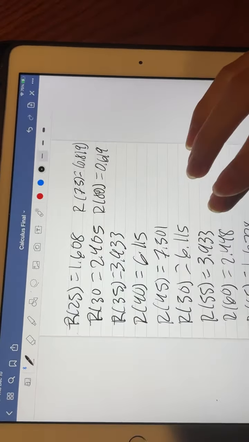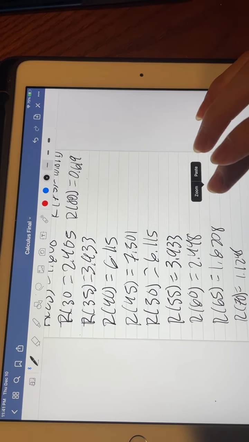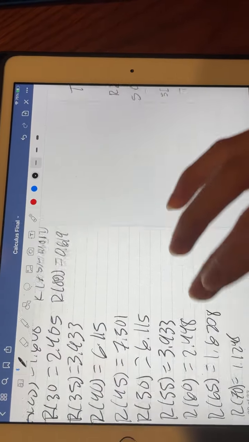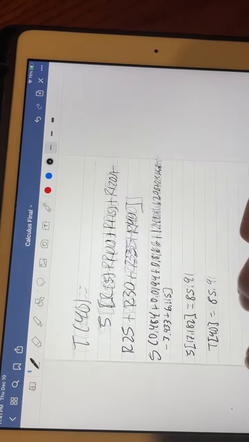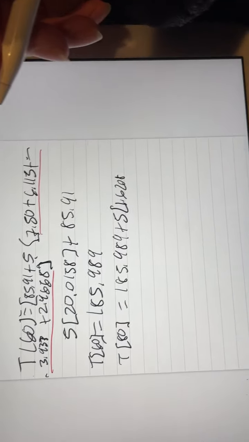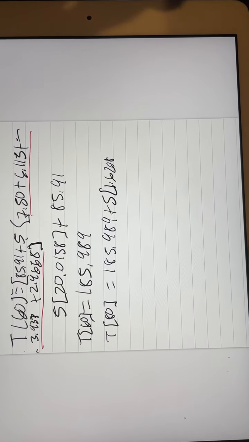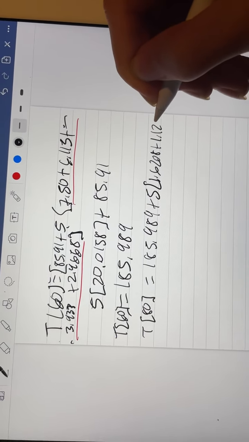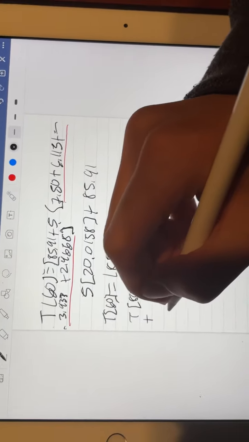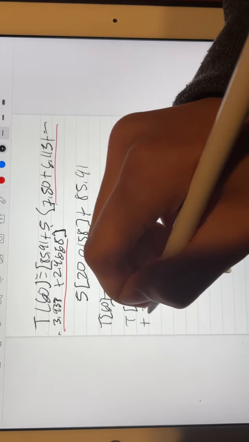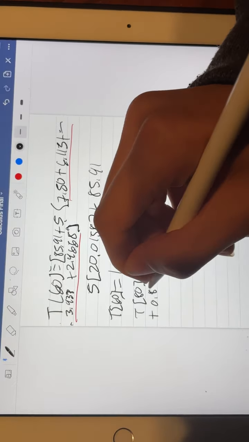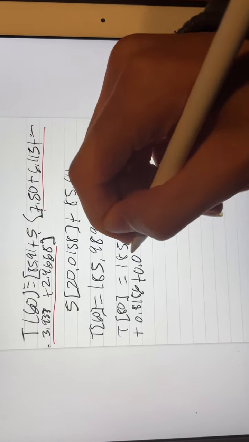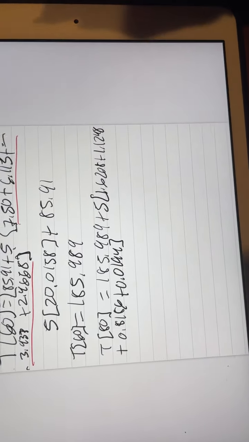So I just gotta make sure. No, 65 would be 1.6028. This is why you catch your mistakes. All right, 1.6028 plus 1.1248 plus 0.8186 plus 0.0194. All right, and then you just add them all up.